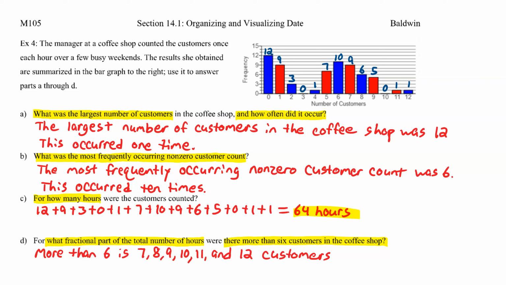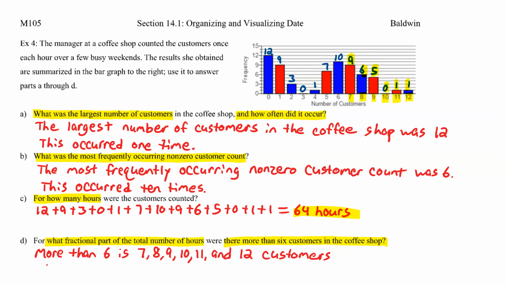In order to get the fractional part of this, we take the frequency for all of those instances, the frequency for 7, 8, 9, 10, 11, and 12, add all of these up, and then divide it by the total number of hours, because that's what we want to know: the fractional part of the total number of hours.